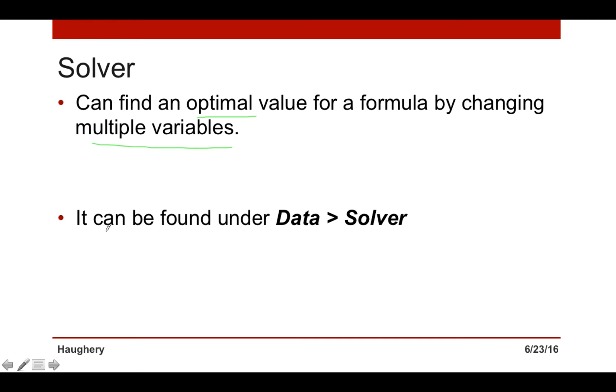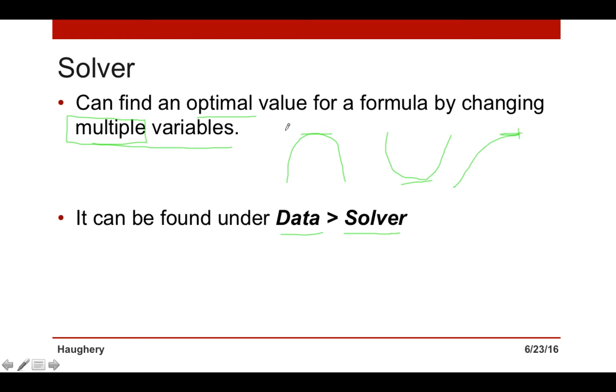Okay, and we'll do this through our Data and our Solver tabs. We need to enable this functionality, and so we'll go through that. But really the key point is we have multiple variables, and we're optimizing. We can optimize to a max, we can optimize to a minimum, or we can optimize to a certain point.